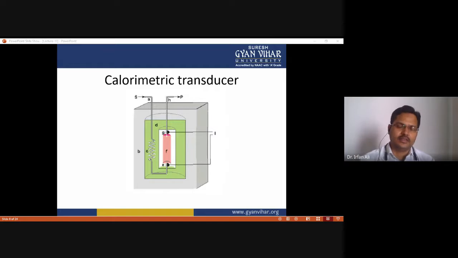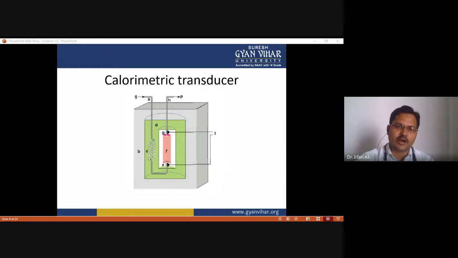And in the calorimetric transducer, the enzyme is made to enter the highly controlled system through this part, which is mentioned by the A. Then it passes to the heat exchanger here, which is mentioned by the C. Then through the first thermistor, that point E, it reaches the reactor where it is made to react with the analyte.